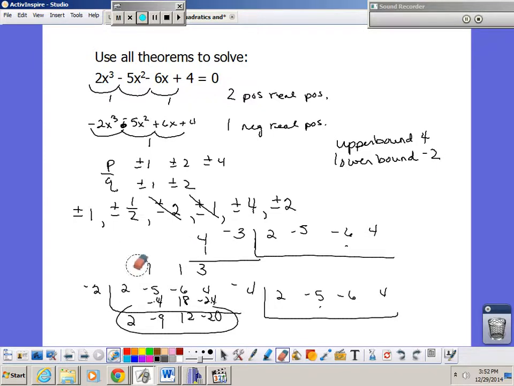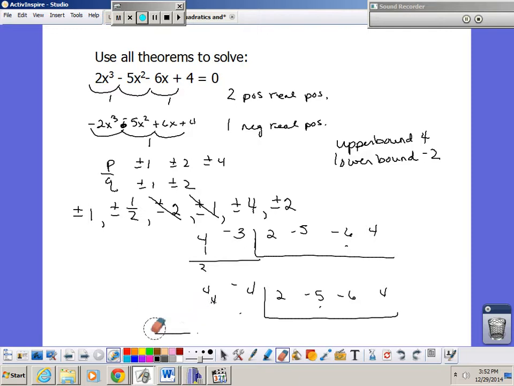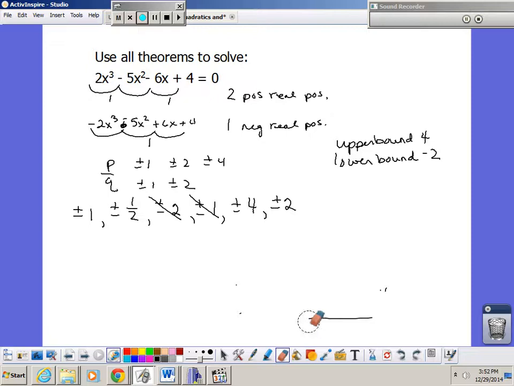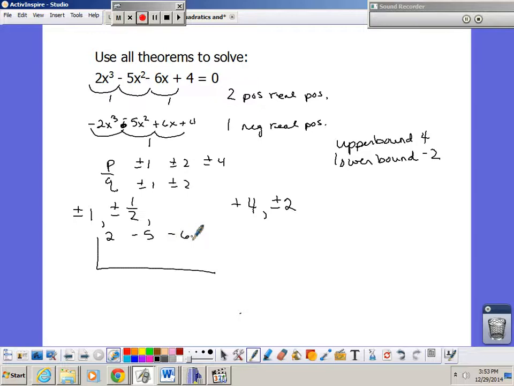Okay, so what does that mean when I use my roots? Now remember, I don't need that one or that one. Well, it means that -4 is not an option, but that's it. So 2, -5, -6, and 4.